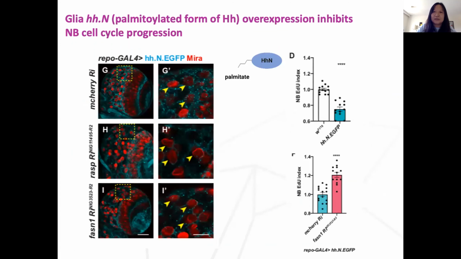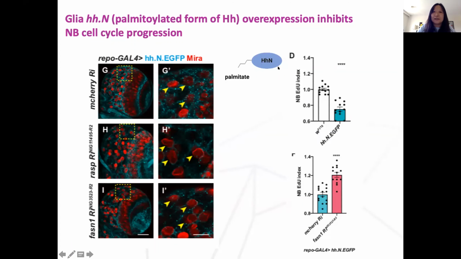Finally, she wanted to really test directly whether palmitoylation of hedgehog is important. And here she utilizes a reagent, which is GFP-labeled hedgehog N. Hedgehog N is a palmitoylatable, but not cholesterol-modifiable form of hedgehog. So in this case, it still can be palmitoylated, but cholesterol modification just doesn't happen.